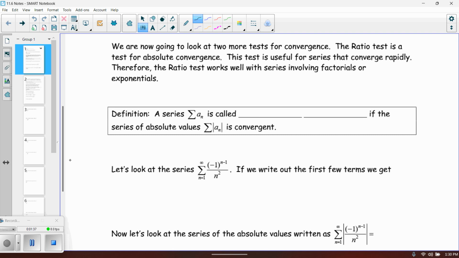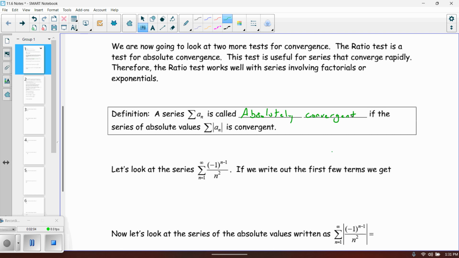So the definition here: a series is called absolutely convergent if the series of the absolute values of the terms is convergent.